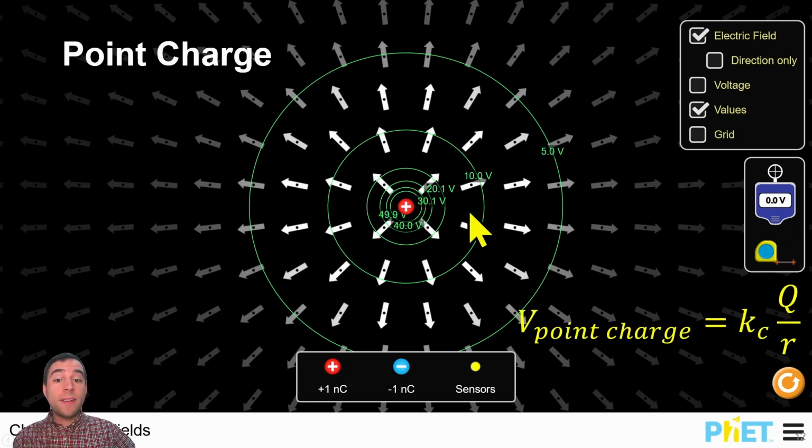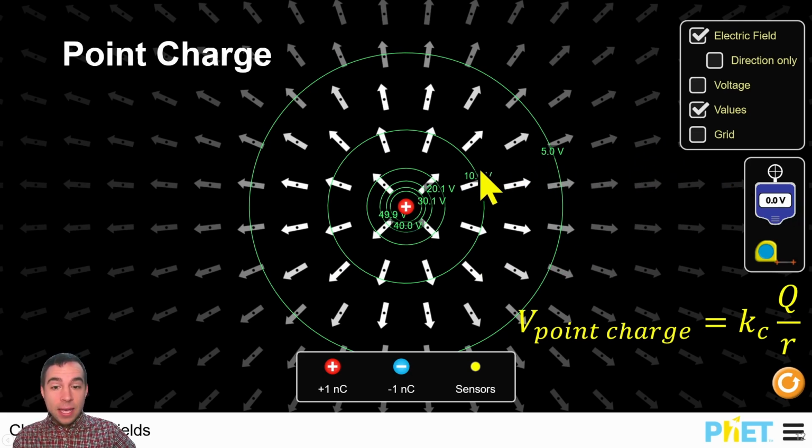So when we are very close, our potential is very high, something like 50 volts for this first line, and then the next one just a little bit farther out is 40 volts, and then maybe a little farther is 30 volts, and even farther is 20, and then 10, and when we're really far away, we can see that even a 5-volt difference is a very large distance away from that initial point charge that generated the potential.